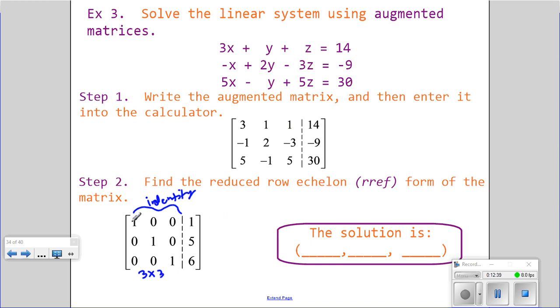So it's always in alphabetical order based on the variables. So this is x, this is y, this is z. And you write the solution in alphabetical order as well. So that means the solution would be (1, 5, 6) for this system.